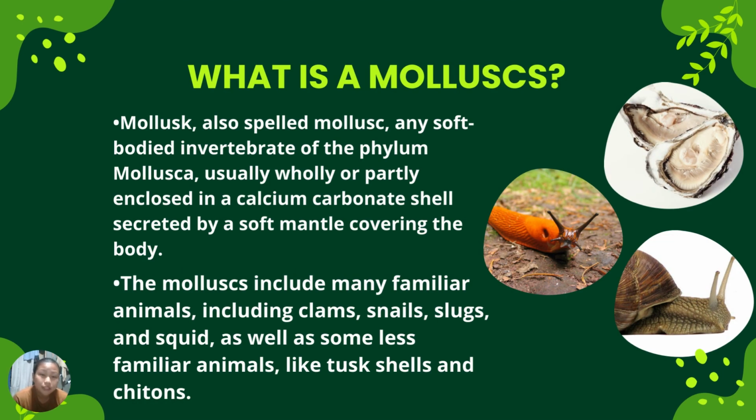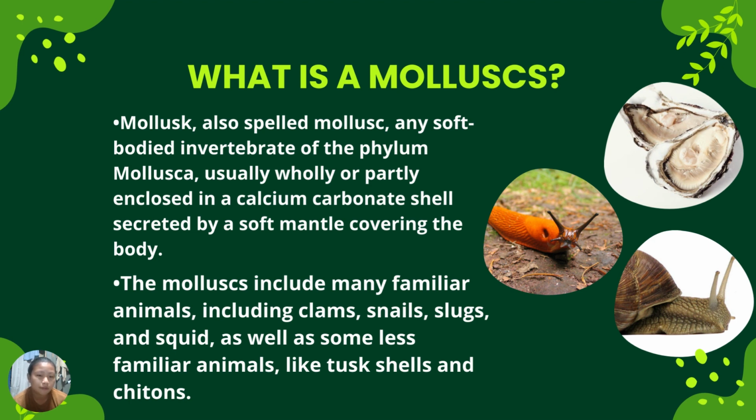So, what is a mollusk? Mollusk, spelled with a K or also spelled with a C, is any soft-bodied invertebrate of the phylum Mollusca, usually wholly or partly enclosed in a calcium carbonate shell secreted by a soft mantle covering the body. There are many examples of a mollusk.